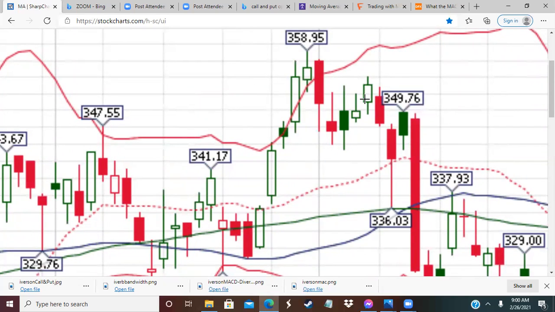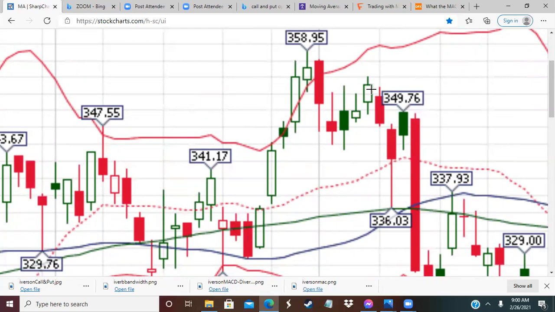Got the upward momentum, and we've got our green candle here, followed by our red candle. And does it meet all of our qualifications? Let's make sure. This is the open, and that open is below the close of the green candle.